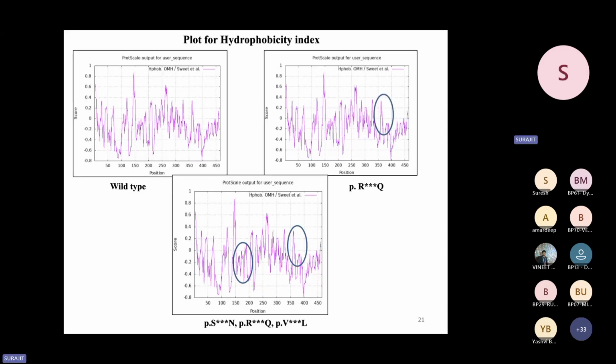A similar result was also seen in the hydrophobicity plot, where the hydrophobicity index also shows a significant change in some regions. It is more prominent in the variant containing the mutation and two SNPs rather than the wild type and the mutant variant.